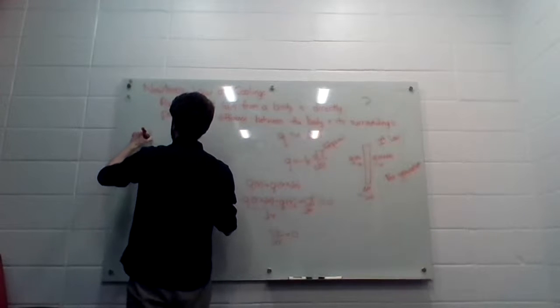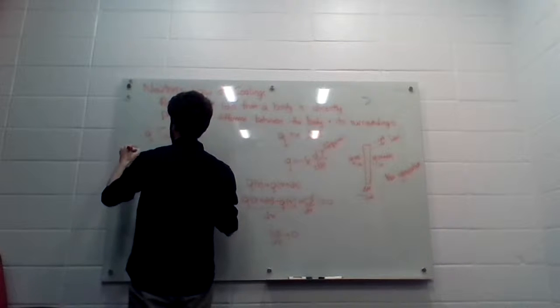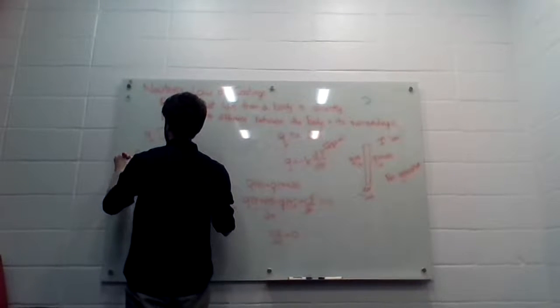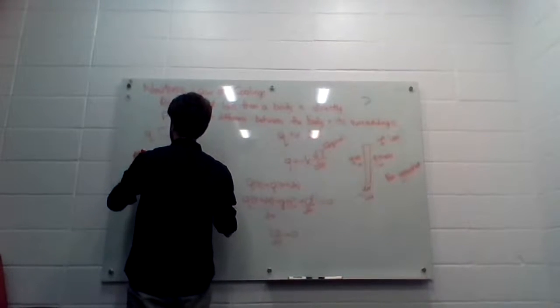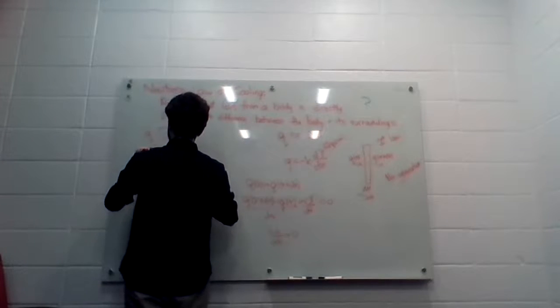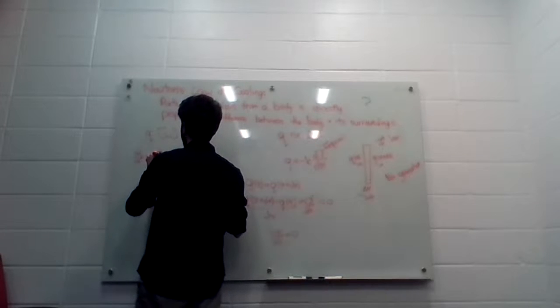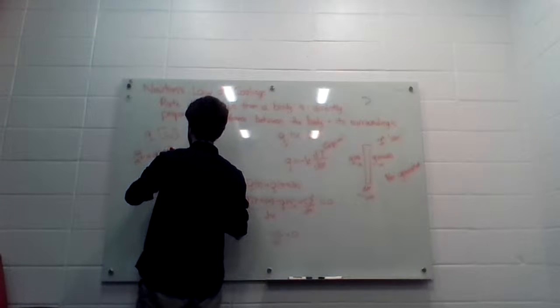In this class, Q is in watts. Q over area is Q double prime, not double dash, double apostrophe. And that is in units of watts per meter squared.